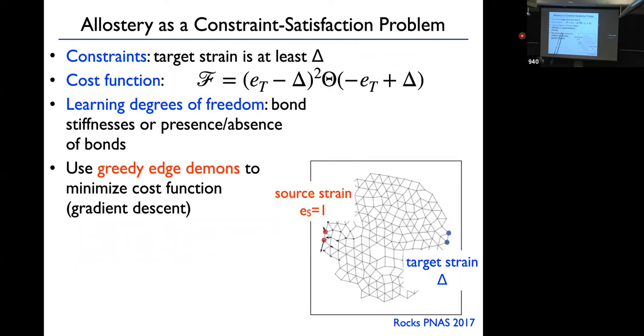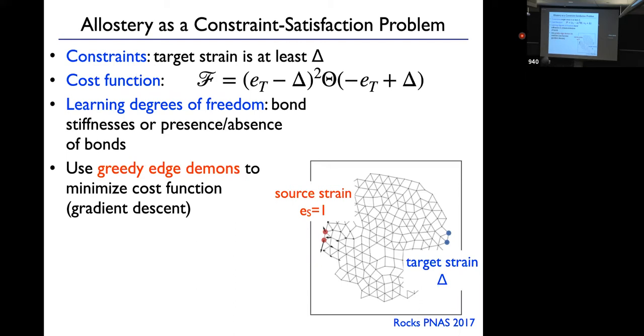You have constraints, and my constraint is, I'm going to start with an inequality constraint, sort of like jamming, which is that the target strain has to be at least delta relative to a source strain, which is 1. So I'm going to call the source strain 1, and then I want my target strain to be at least delta. And so I'm going to construct a cost function, which penalizes me if my target strain is less than delta.